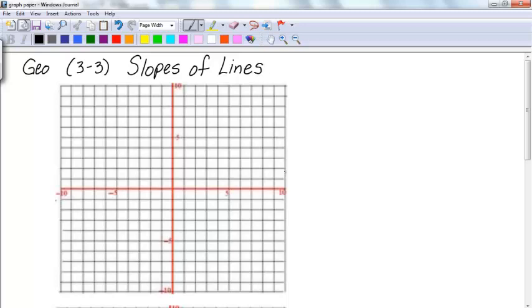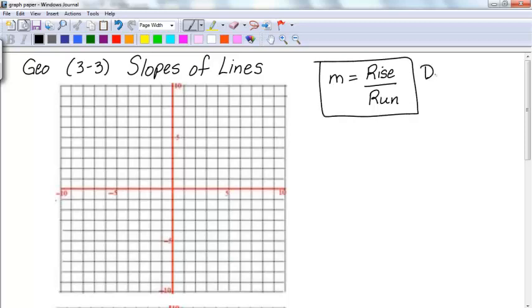First, in math, we always define the slope of a line using the letter M, and the definition of slope of a line is the rise over the run. The rise is the up and down value, the run is the horizontal value. Okay? So this is the definition of slope.